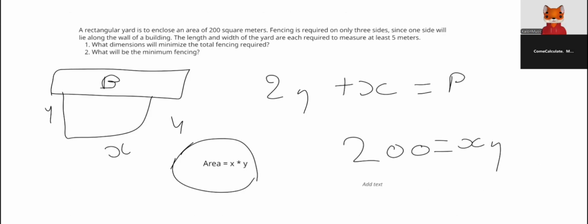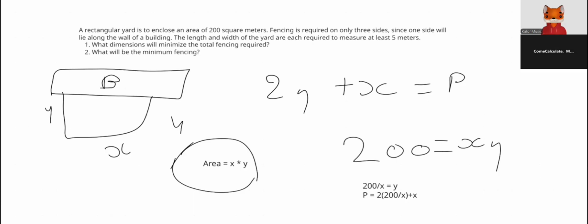Perfect. Now we add that to our objective equation, and the objective equation is going to become perimeter equals 2 times 200 divided by x plus x. This is what we want to work out.